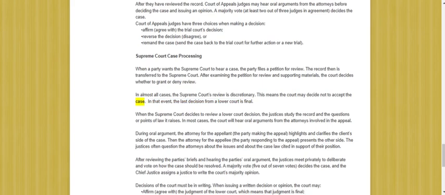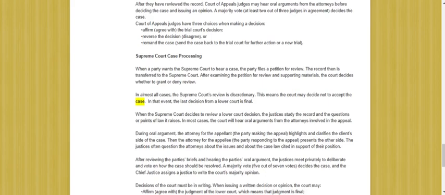Yeah, so alright, so then going back to where it says that the Court of Appeal, it says after they have reviewed the record, Court of Appeals may hear arguments on the, so in other words, if they can say, well, we're going to hear the case, then it must have enough material support for the court to decide whether they want to grant the review.